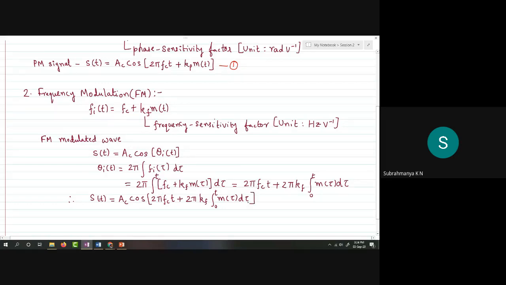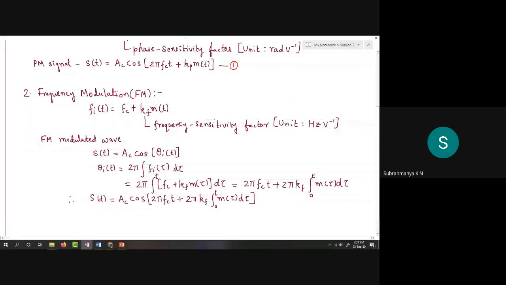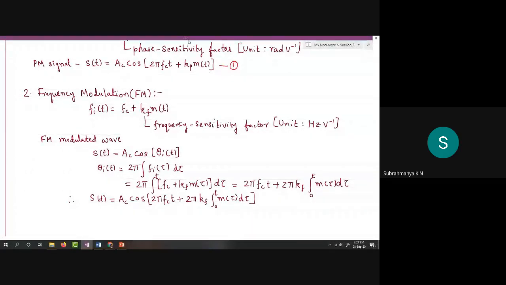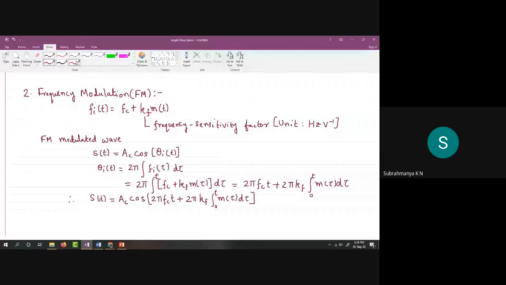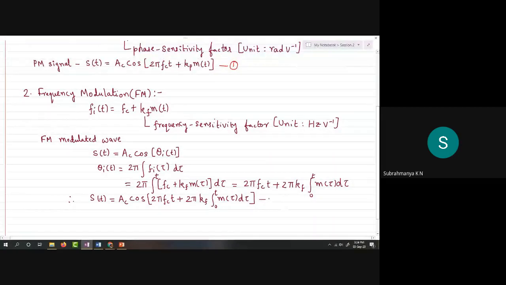If this is the phase modulated waveform, this is my FM or frequency modulated signal. If any doubt, please ask at this point. This is how we define two types of angle modulation, as PM and FM signals. Any questions at this point?